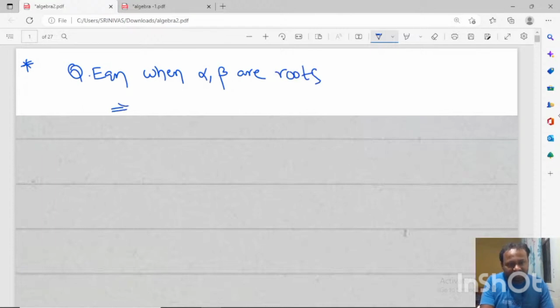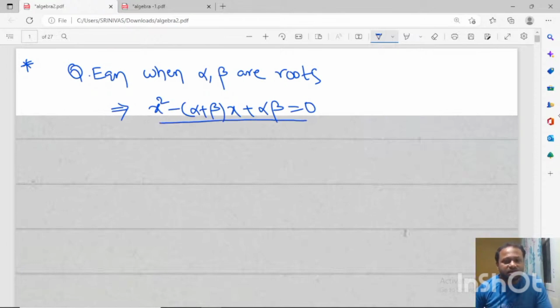Then what will be the equation? X square minus of alpha plus beta into x plus alpha beta is equal to 0. Okay, this is a quadratic equation whose roots are alpha as well as beta. Okay, na? So this is about quadratic.